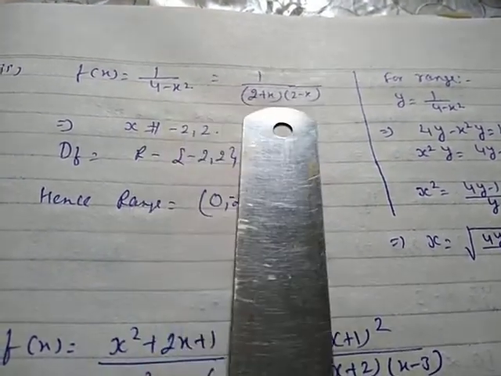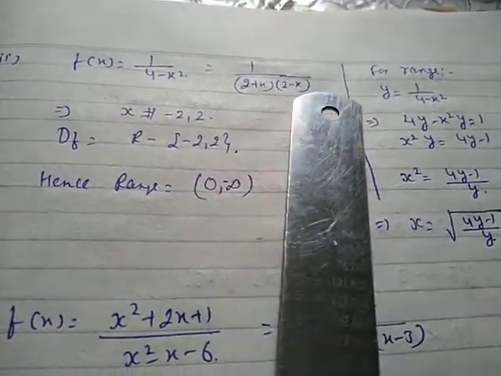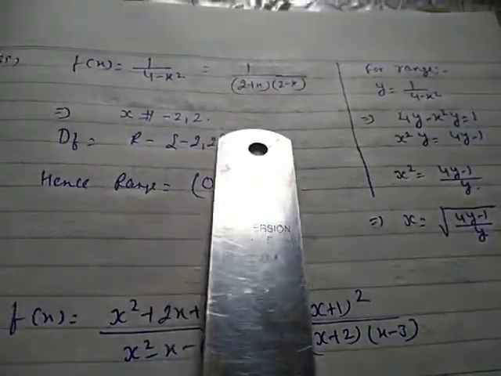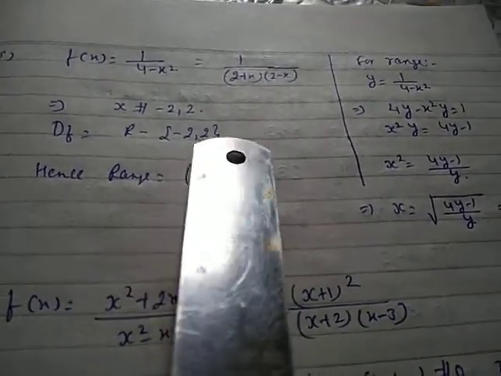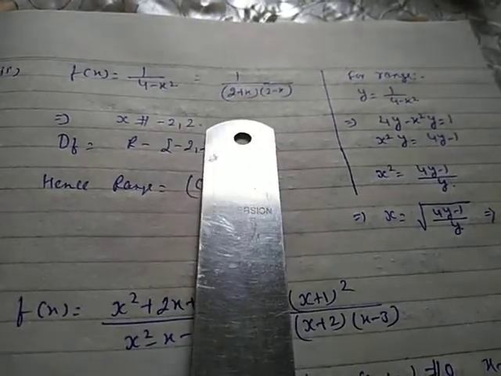Question number 2, 1/(4 - x²), that is (2 + x)(2 - x). So definitely this is not equal to 0, that is, x is not equal to -2 or +2. The domain of the function is R minus {-2, 2}. Why curly braces? Because only 2 values are there.